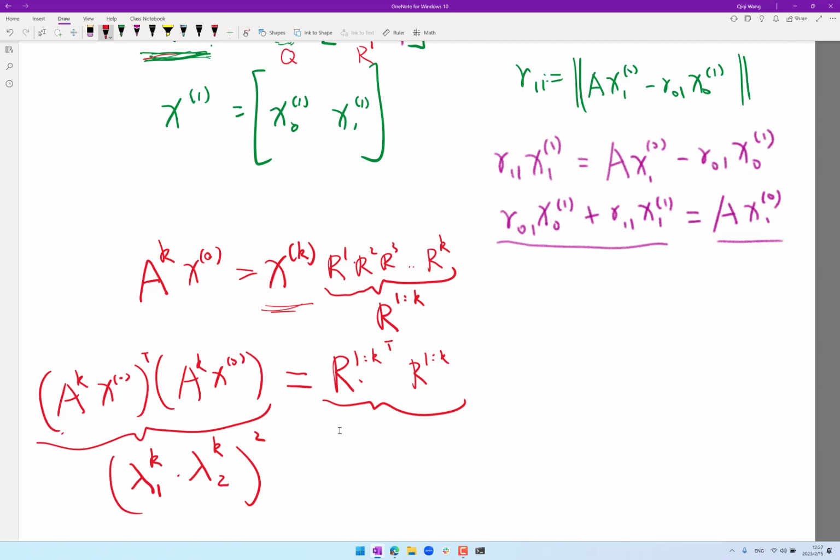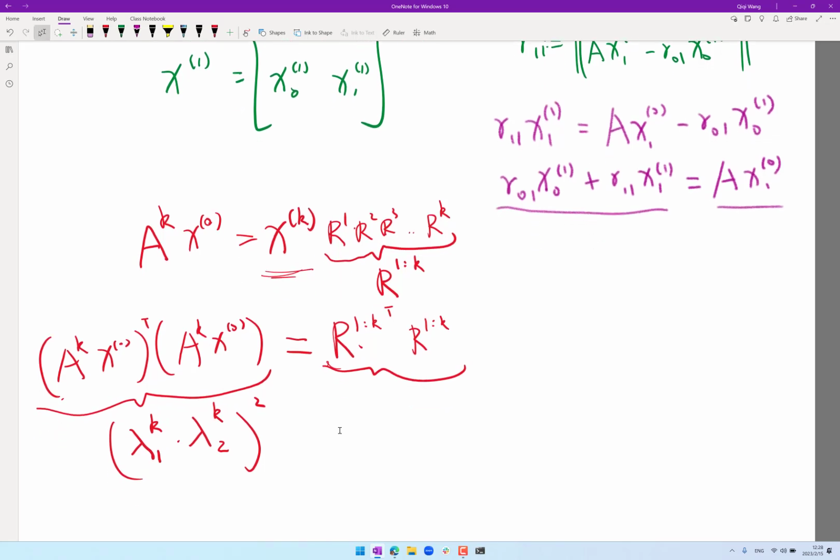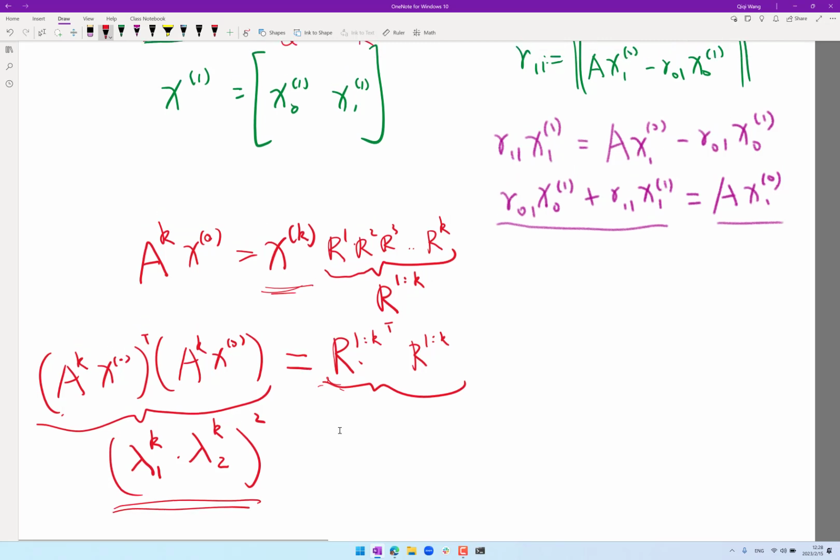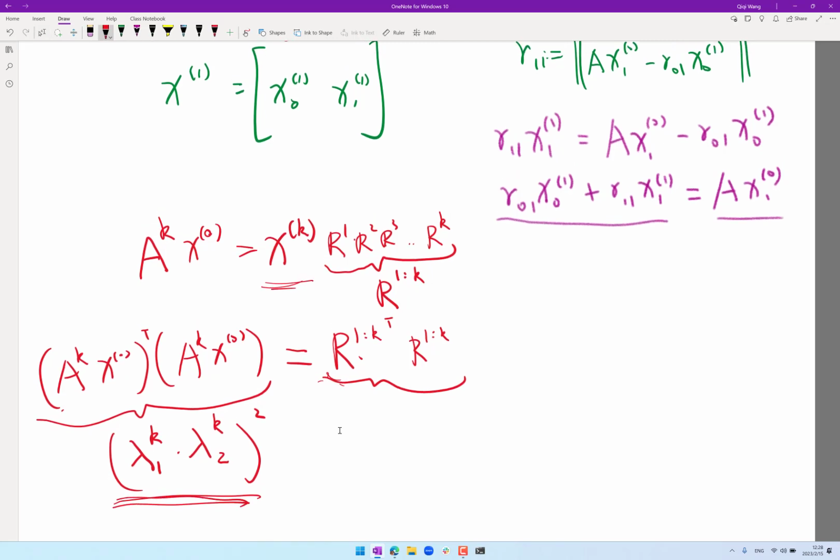And of course, the determinant of this is going to be the product of the diagonal entries of the upper triangular matrix squared. So essentially, through this procedure, you can go from the product of the diagonal entries of the upper triangular matrix to the product of the leading two eigenvalues.